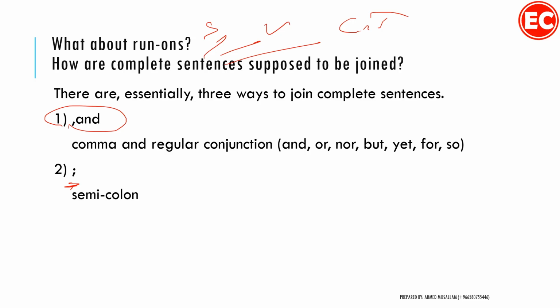But the only scenario where we can have a semicolon, as we said in the previous video, is when we have to join two complete sentences that have lots of commas, so as not to be confusing for the one listening to or reading the passage. We may have a semicolon with a fanboy. Okay, a semicolon will also be fine there.